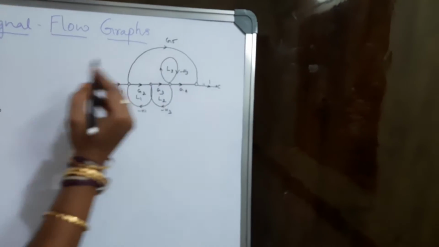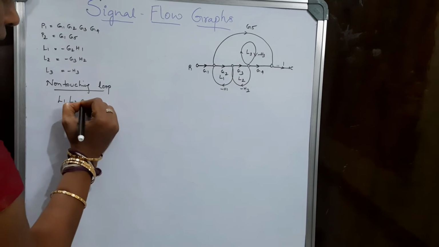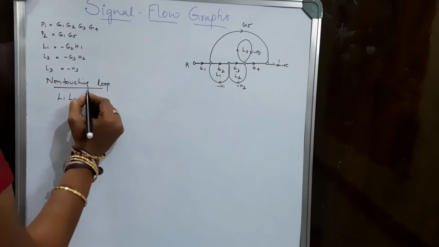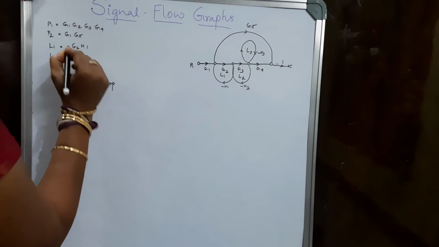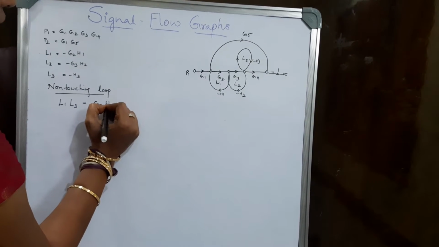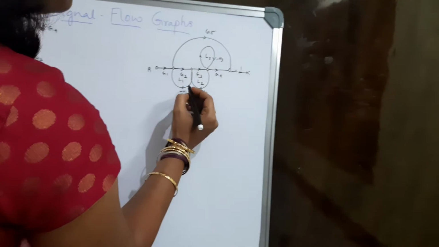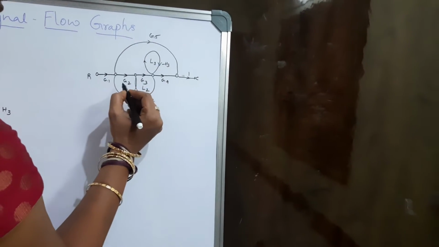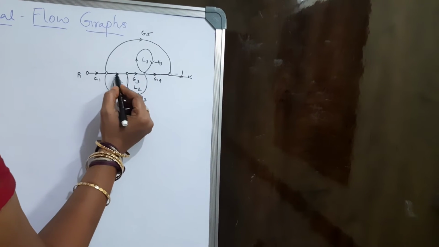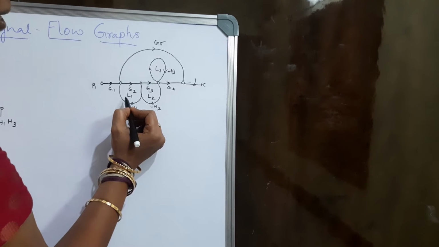So we have loops L1 and L3, and obviously the product of L1 and L3, minus times minus, will be plus. We have G2 H1 H3 as the non-touching loop gain. Here I repeat, non-touching loops are those loops which do not share a common node.